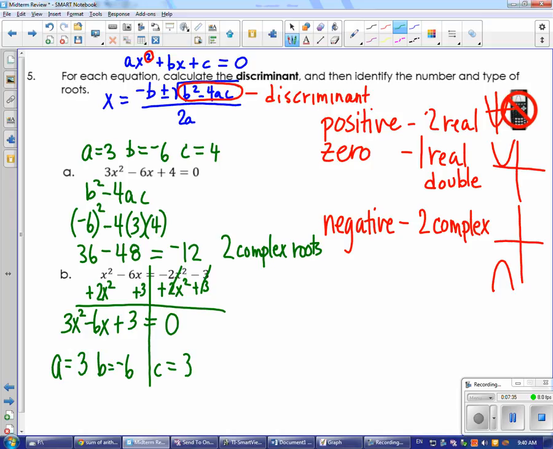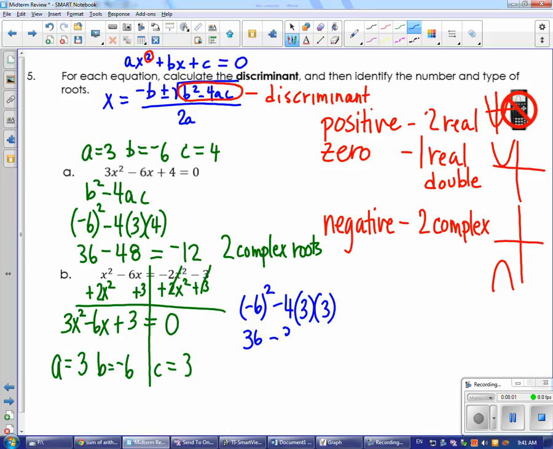So now when I calculate the discriminant, again, I'm going to want to make sure that I put my b term in parentheses, because it's going to be b squared minus 4 times my value of a times c. Again, when I'm squaring a negative, it's going to come out positive, so that's going to be 36. And this time I have 4 times 3, which is 12, and 12 times 3, which is 36.